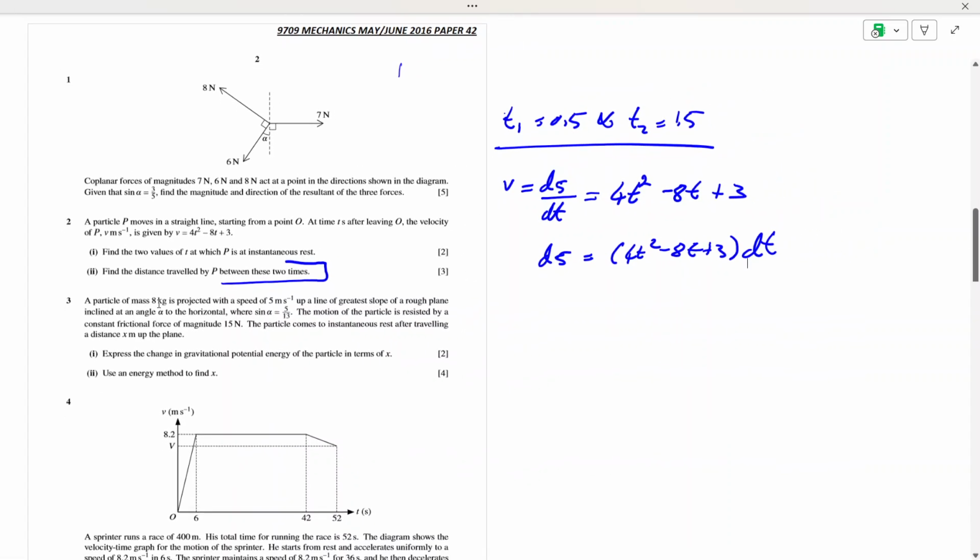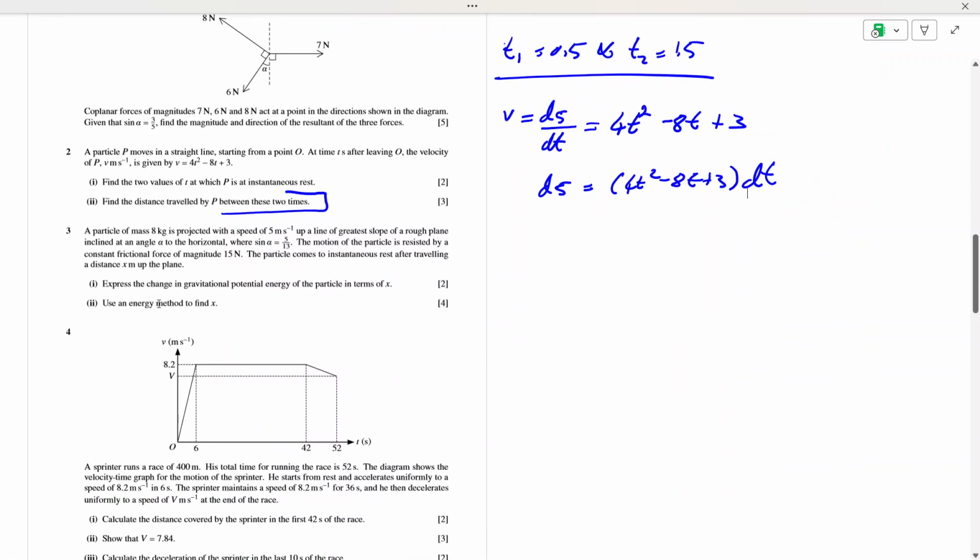And then from there, you can integrate, right? The time limits I have are t2 and t1, same for these ones here.